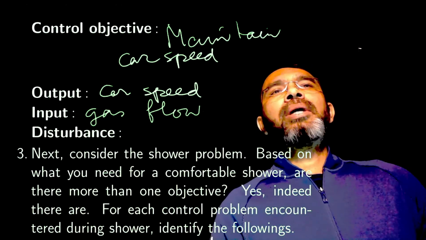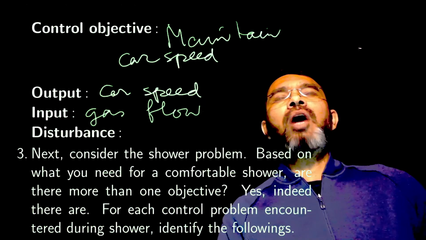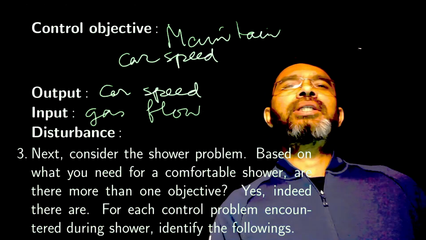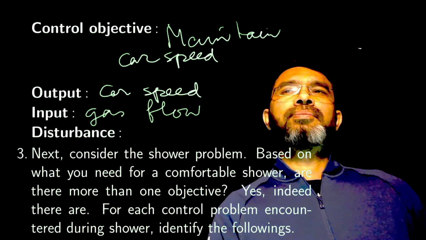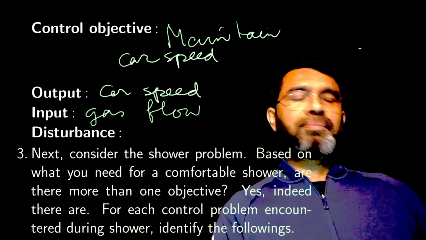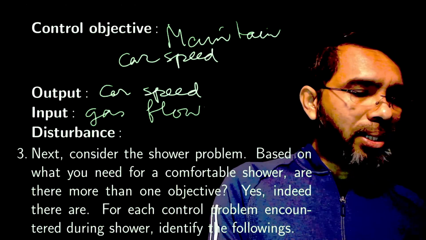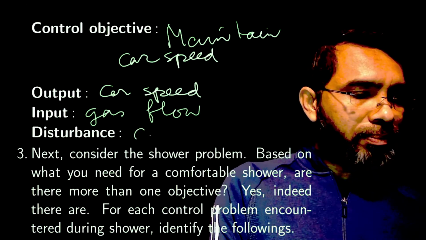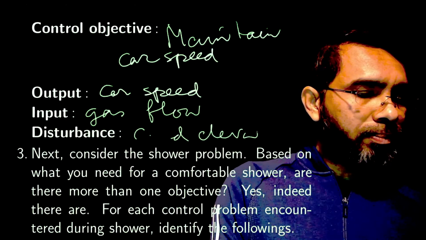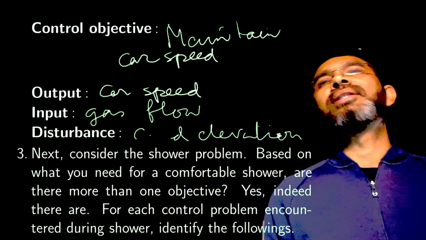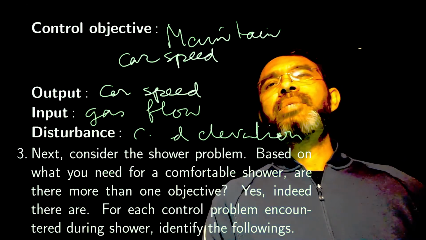Now, we have identified the control objective, the output, and the input. What can be the disturbance for this case? One straightforward one is the road elevation, which often affects the speed of a car.